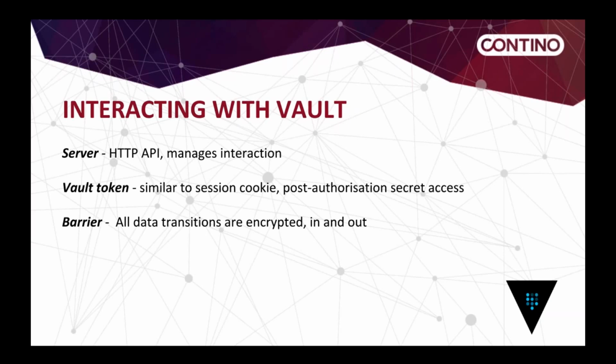So once you've authenticated, you get given a token, and that means that you now have access to a particular secret dependent on the policy attached with your token. And then Vault also has a barrier around it. So all data transitions that happen with Vault, in and out, are all encrypted, and that means Vault makes sure that all data is encrypted in transit and at rest.